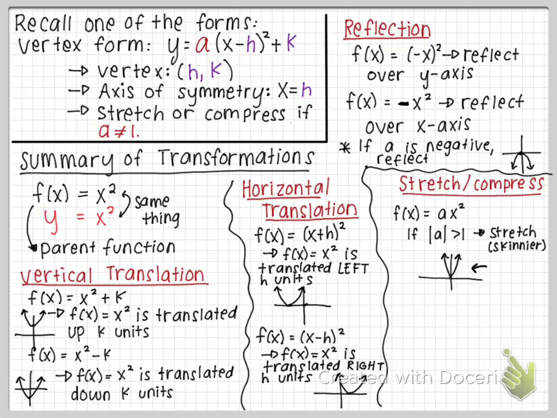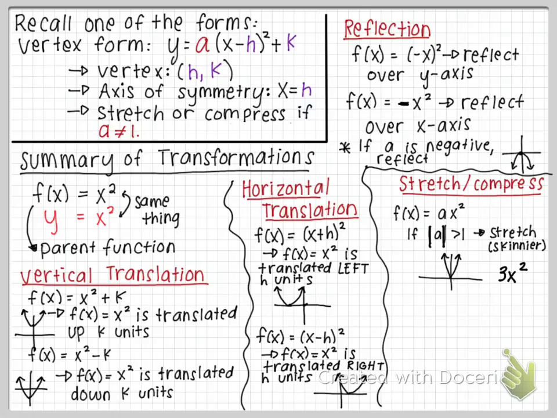So notice this graph right here. It looks skinnier than the normal graph that we drew for the parent function. So it gets skinnier, okay? That's if the number is greater than 1. So maybe an example would be 3x squared, right? Now notice these absolute value bars.